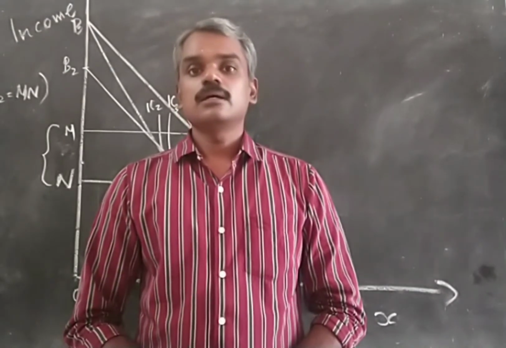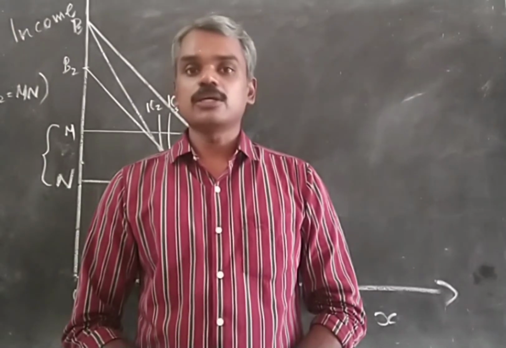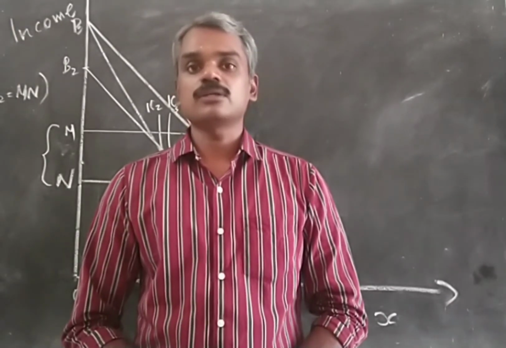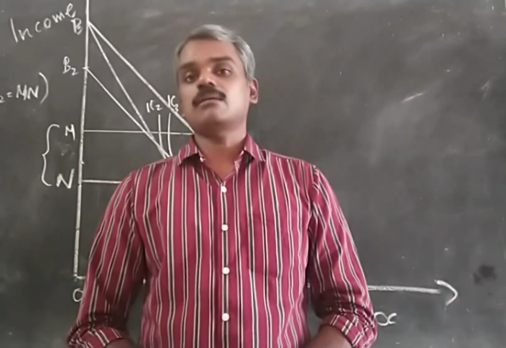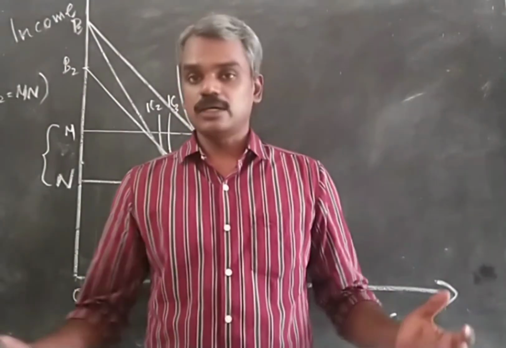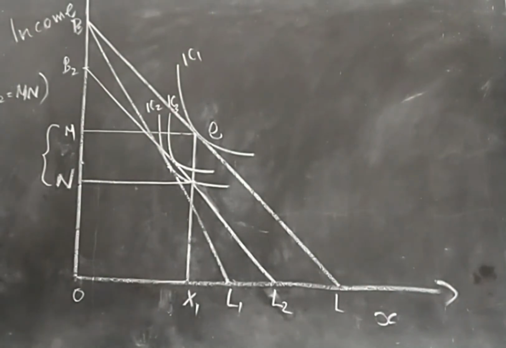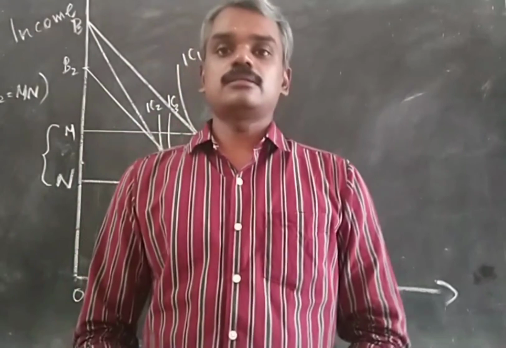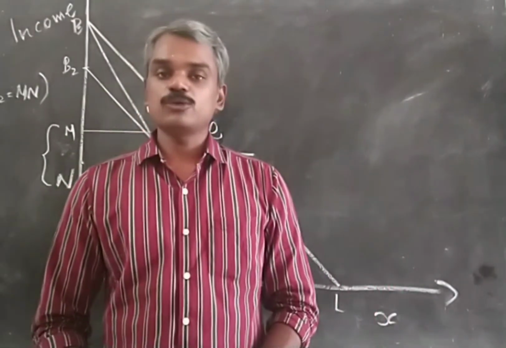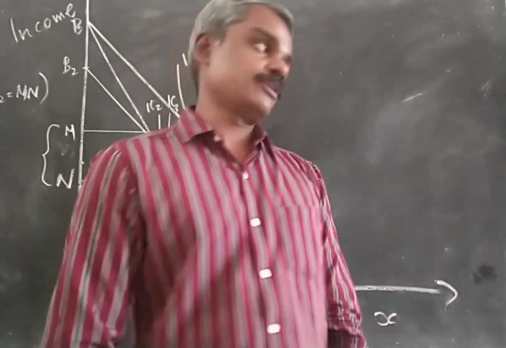So this is one of the applications of indifference curves, or how indifference curves can be used to analyze the desirability of direct and indirect taxes. We have seen that a direct tax is less welfare reducing than an indirect tax, and therefore it is more desirable to impose a direct tax from the welfare point of view.